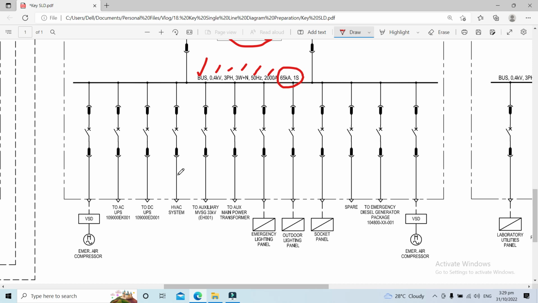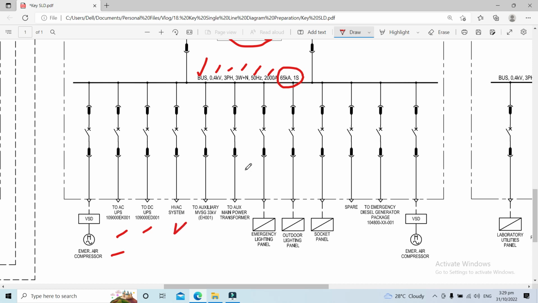So these are the outgoing feeders for our emergency LV switchgear. What are the loads connected on this switchgear? We have the emergency air compressor, the power supply for our UPS, and our HVAC system.